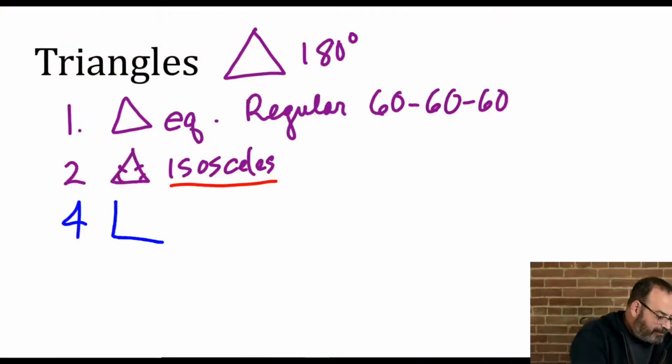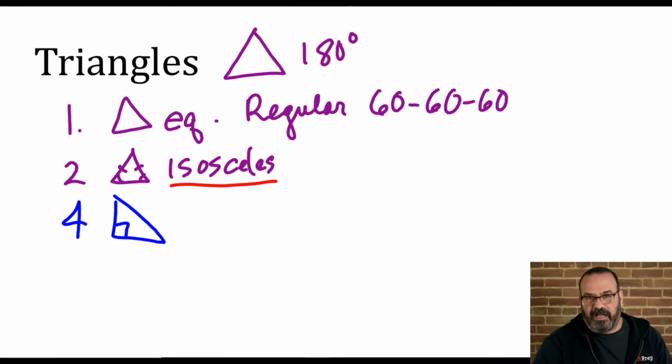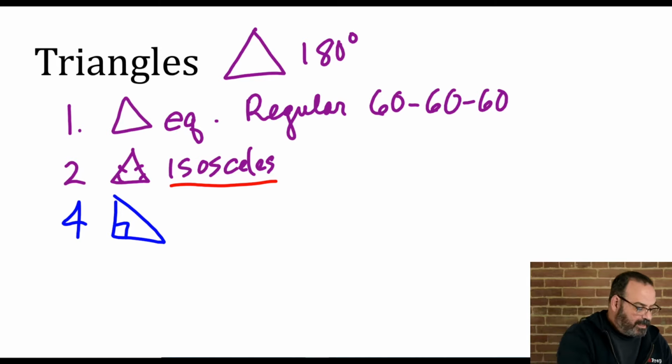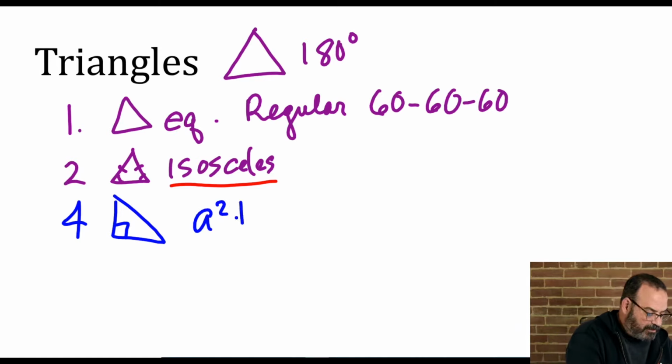All right, everybody's favorite, the right triangle. Everybody assumes that a triangle is equilateral or isosceles or a right triangle. That's not the case, but these are the big three. And of course, this is the Pythagorean theorem: A squared plus B squared equals C squared.